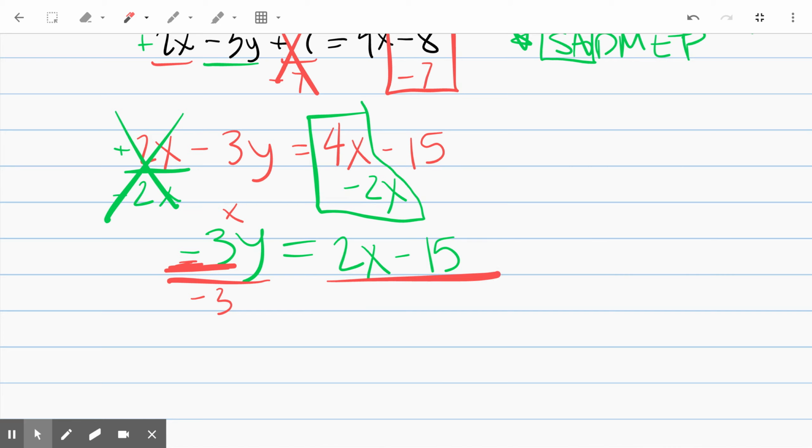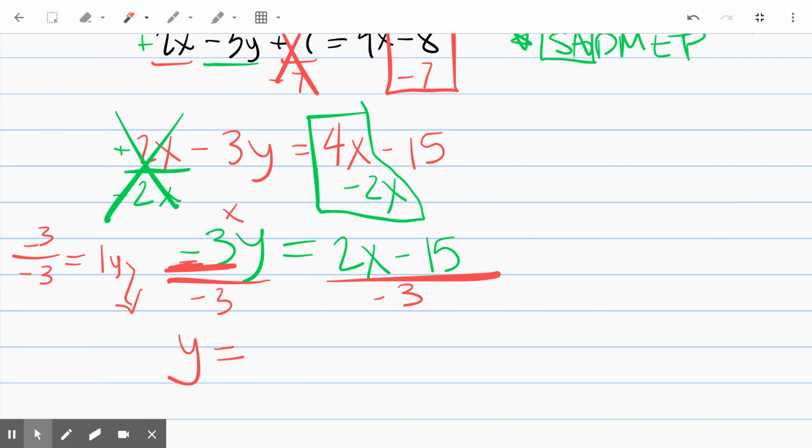Okay, so divide by negative 3, which means we have to divide by negative 3 over here. Okay, so negative 3 divided by negative 3 is going to equal 1. So essentially that would equal 1y, but that's the same thing as just saying y.